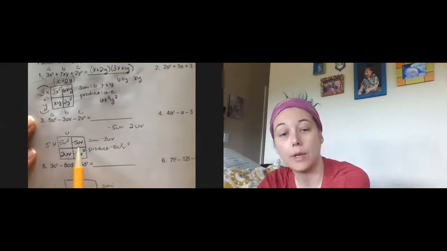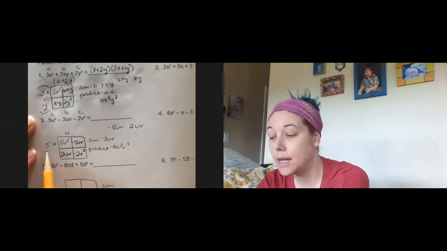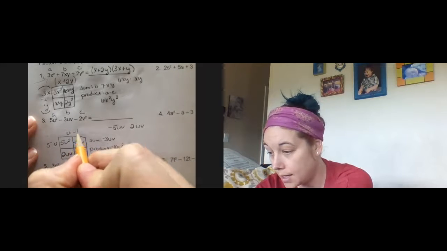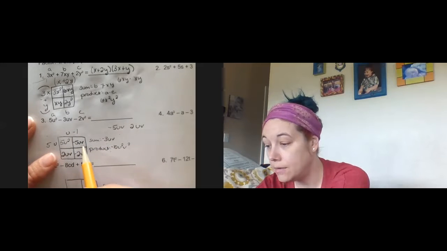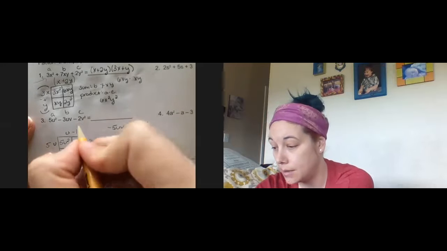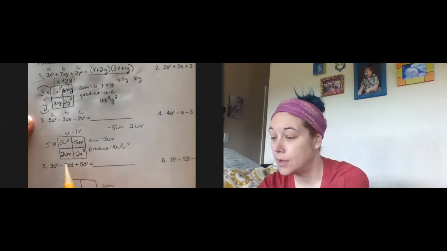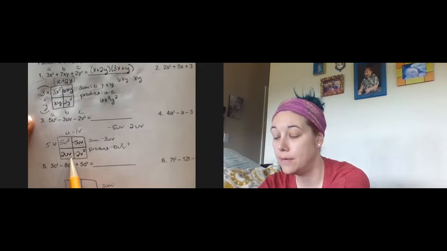All right, let's keep going with that row. 5u, what times 5u gives me negative 5uv? Well, I need a negative 1, and there's a uv here. This just has a u. Okay. So let's look to our column now. What times u gives me 2uv?